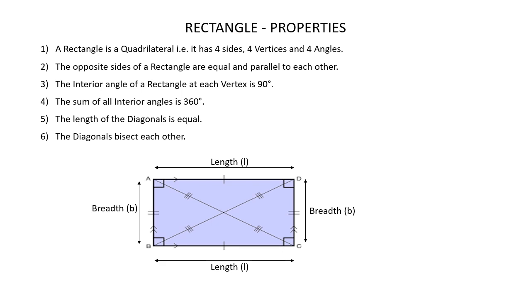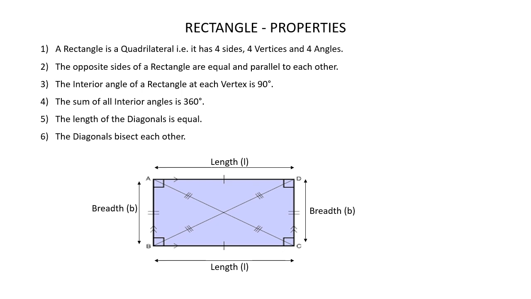Let's now understand the properties of a rectangle. A rectangle is a quadrilateral, that is, it has 4 sides, 4 vertices and 4 angles. Look at this diagram. This is a rectangle. This rectangle is a quadrilateral because it has 4 sides.